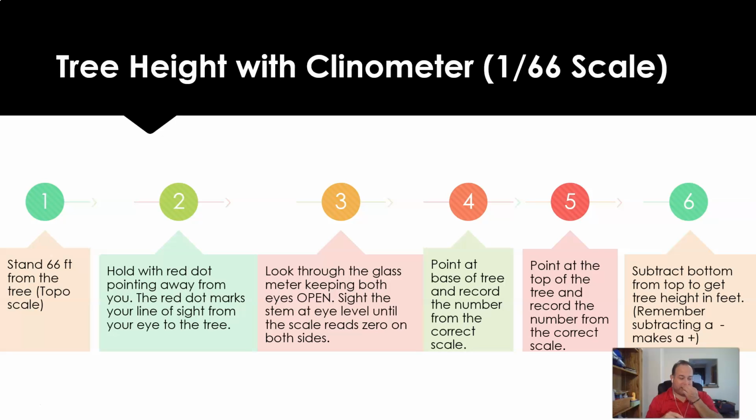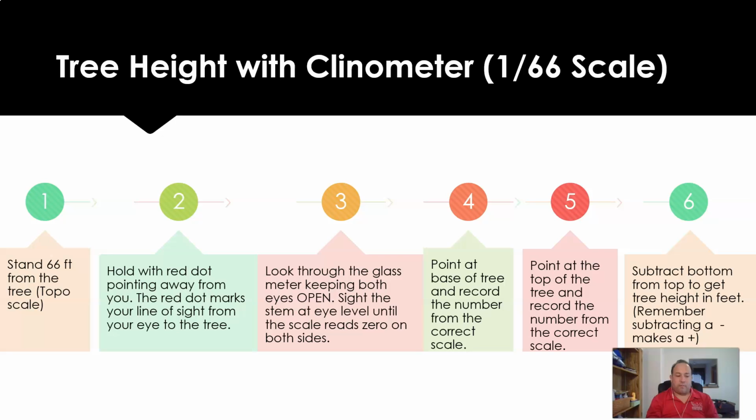Now, inside of this glass is going to be the scale. But what you're going to do is actually have one eye looking at your target, or your tree, and the other eye looking through the clinometer. You're going to point down at the base of the tree and get that reading. Then you're going to point to the top of the tree and get that reading.